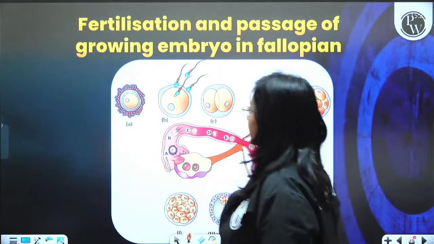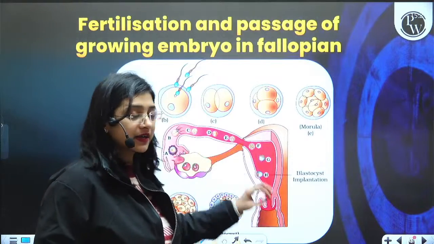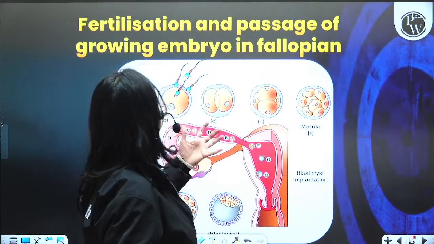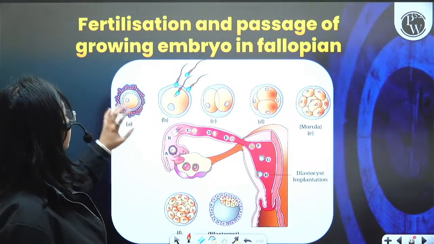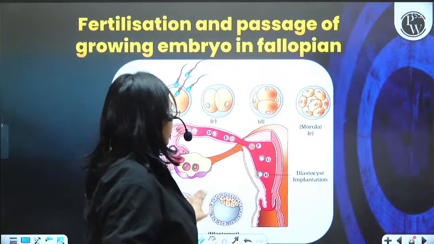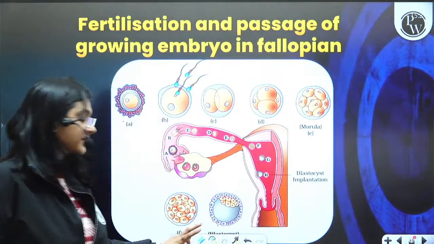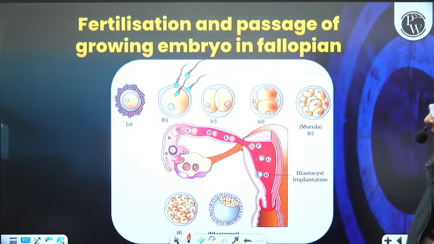And then this is a very much expected question this time. You can expect the diagram to draw, because last year in the model or sample question paper they asked this: fertilization and passage of the growing embryo in the fallopian tube. From this till here, I guess in the sample question paper of 2022-2023 they asked this to draw.